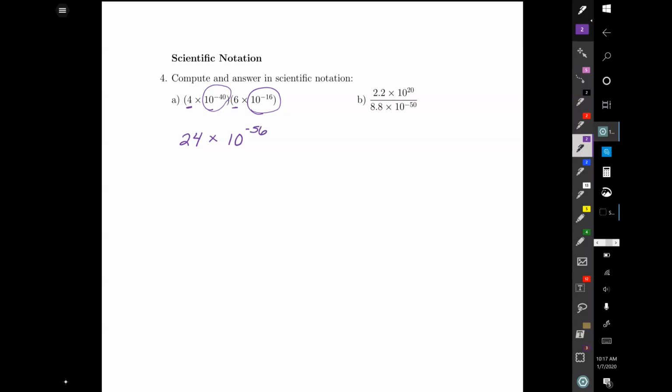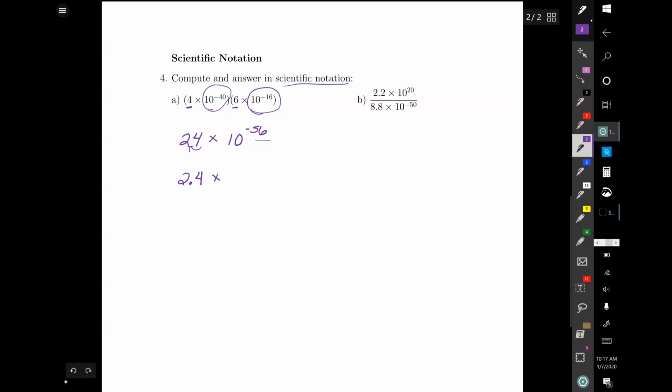Now this is almost done. It's correct, but it's not complete because it's not in scientific notation as specified. So in order to do that, I would need to make this 24 be 2.4. These are factors, so if I divide this factor by 10 to make it 2.4, I would have to add another power of 10 over here and multiply that to compensate.